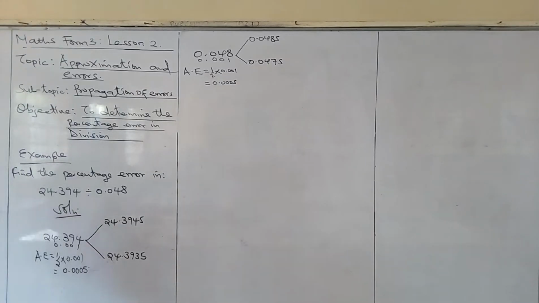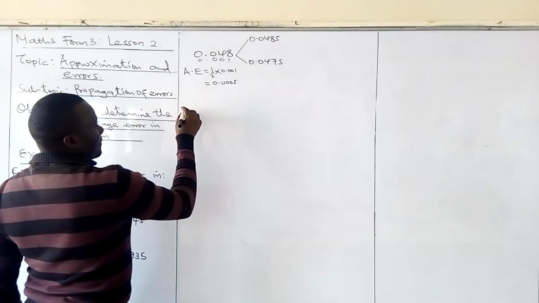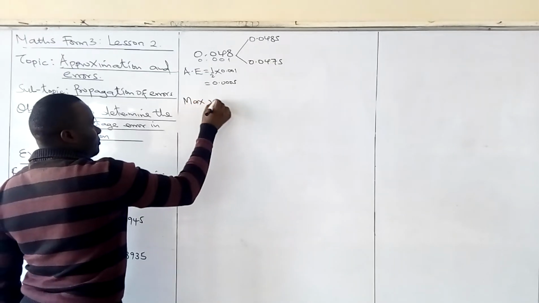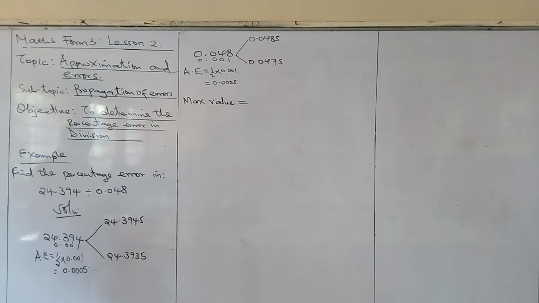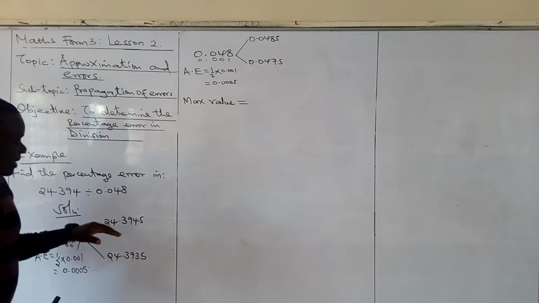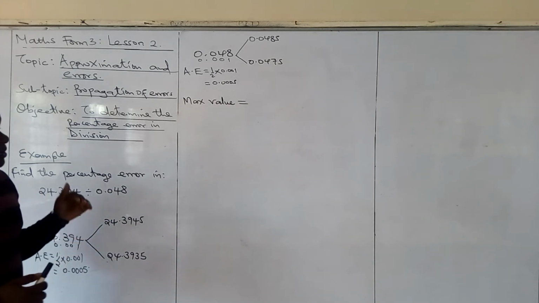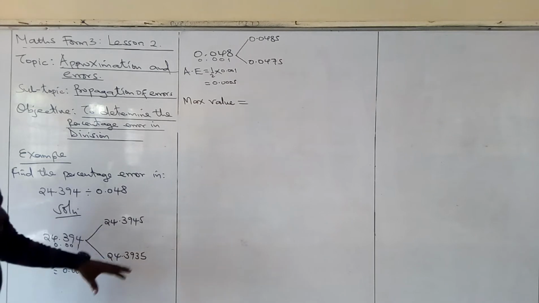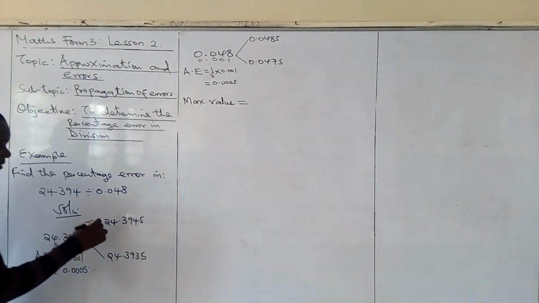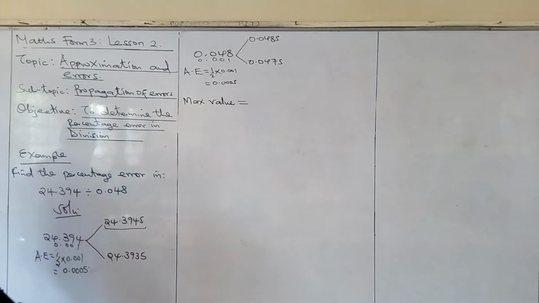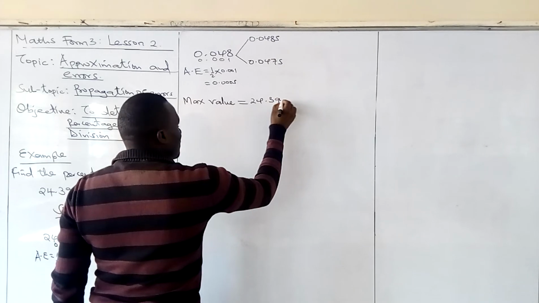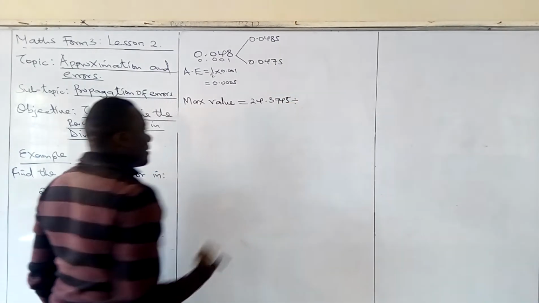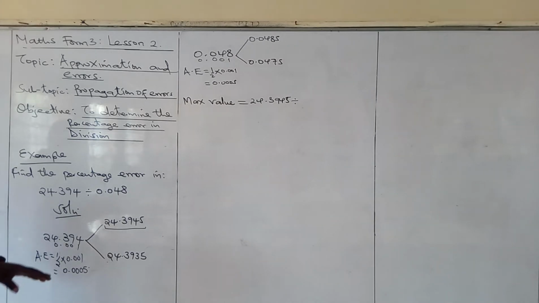So that's our lower limit. We will start by finding the maximum value. How do we get the maximum value? We look at the highest number obtained from these limits, the biggest or largest number, 24.3945, divided by the lowest or least number obtained.